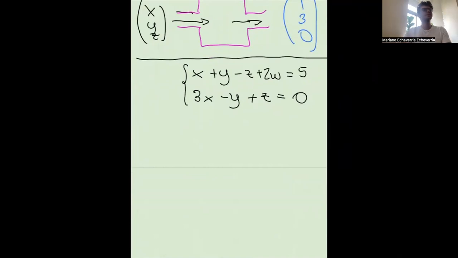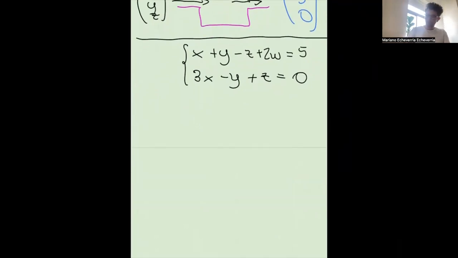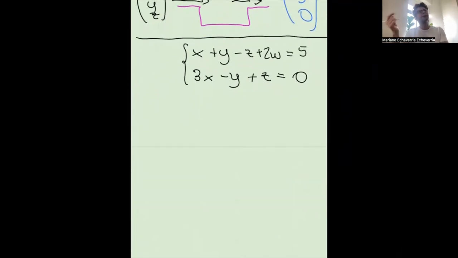This one is slightly more interesting because there are 4 variables, x, y, z, w, but only 2 equations. So it's not an equal number of variables and equations. That's the only reason why this is a bit better, I guess.